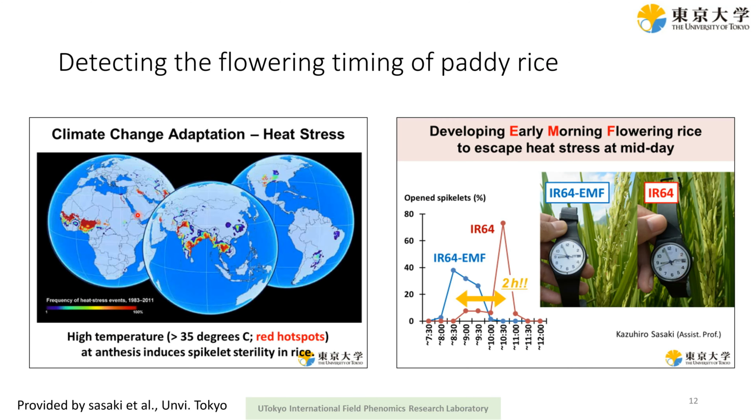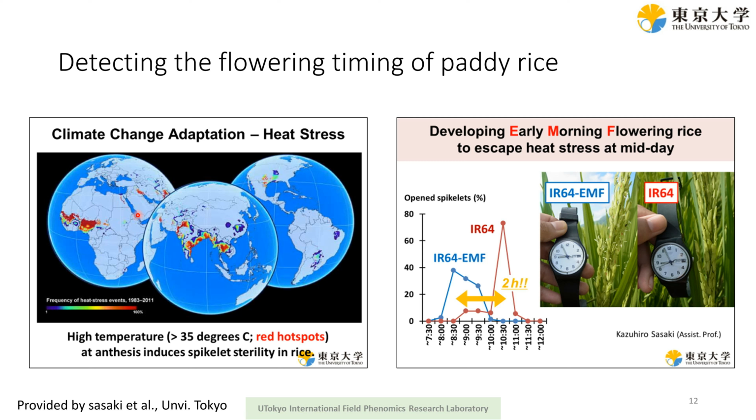So I move to another case, which is detecting the flowering timing of paddy rice. Why do we want to detect the flowering timing of paddy rice?